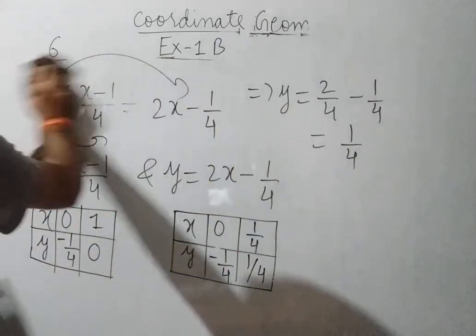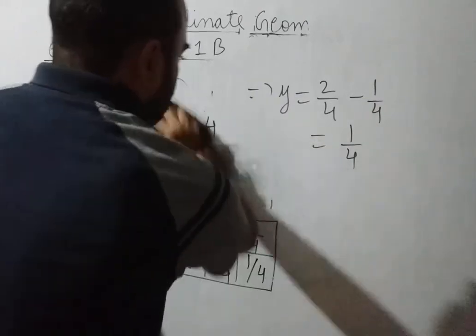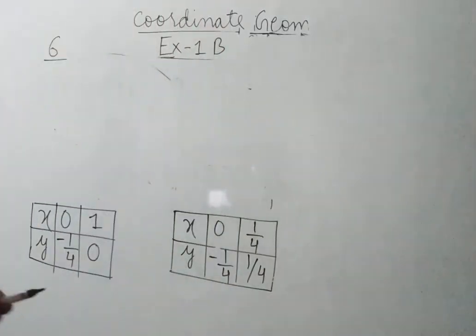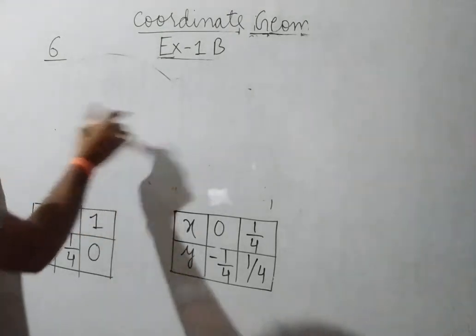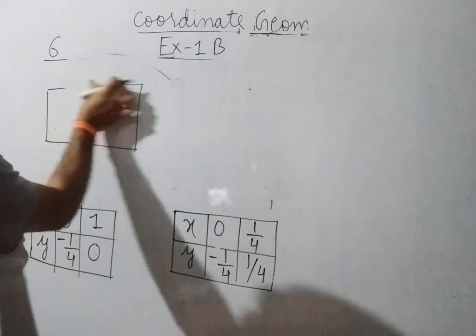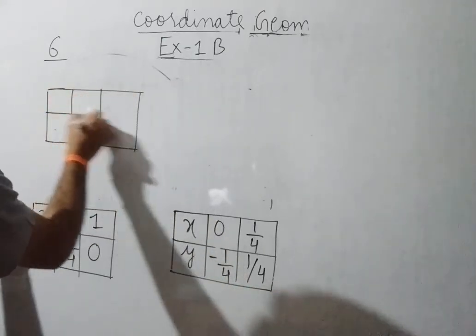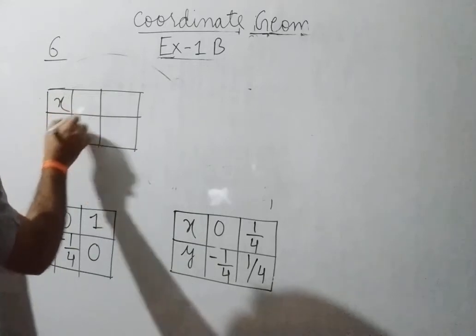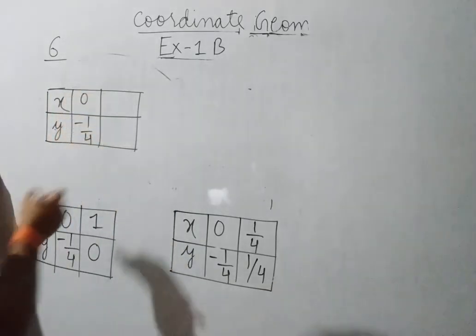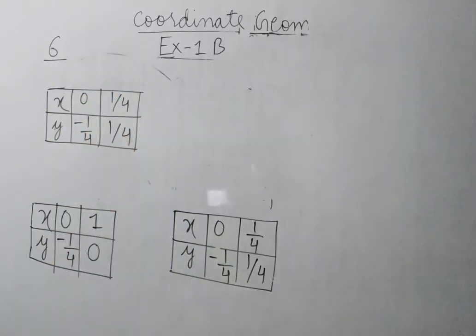So the tables are here. First table, second table, I am drawing here so that we can plot easily. So 0, minus 1 upon 4, and 1 upon 4, comma 1 upon 4. Clear?